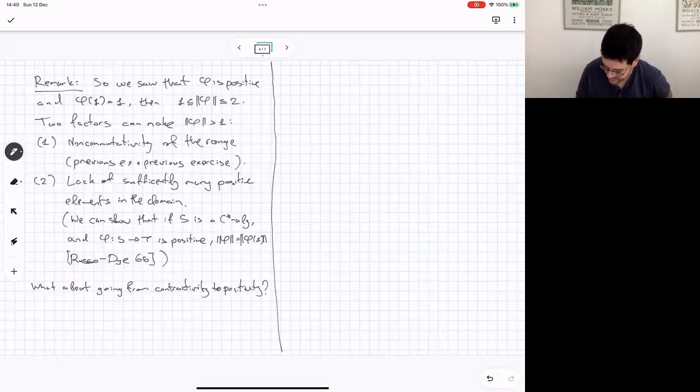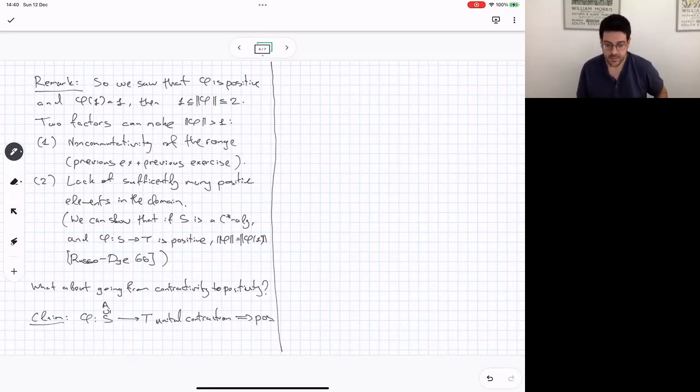We always have this claim: phi from S to T, where S is sitting inside A, say, is a unital contraction implies that phi is positive. In particular, UCPs are UCCs, right?